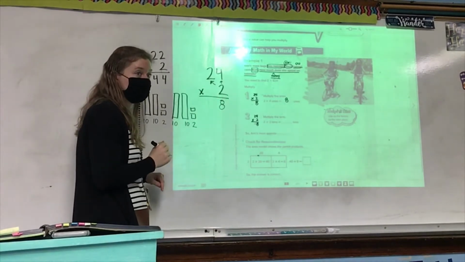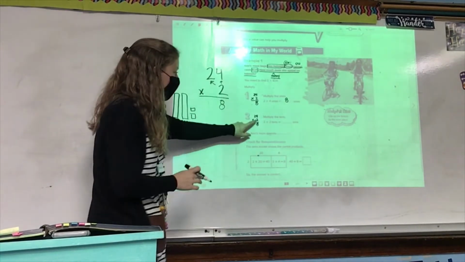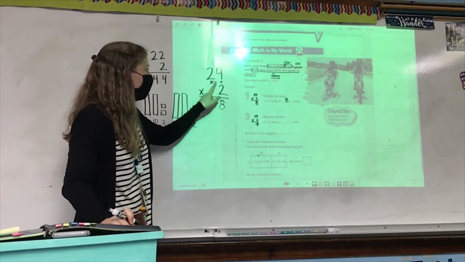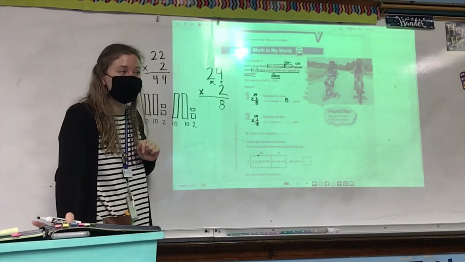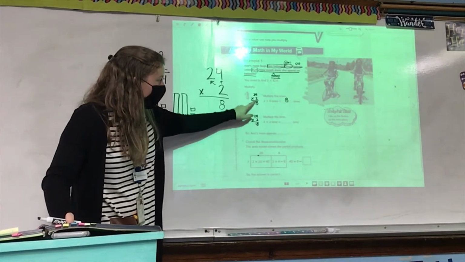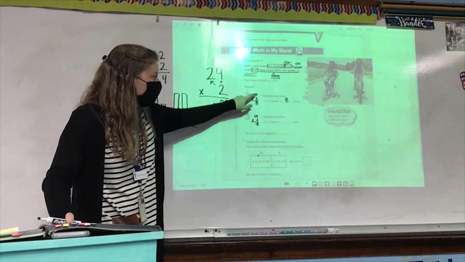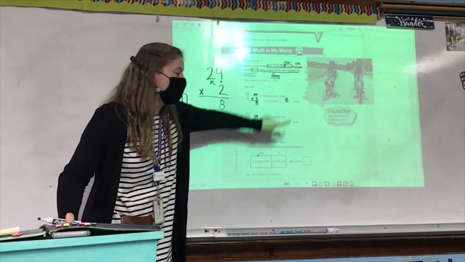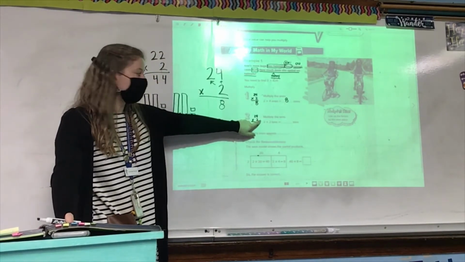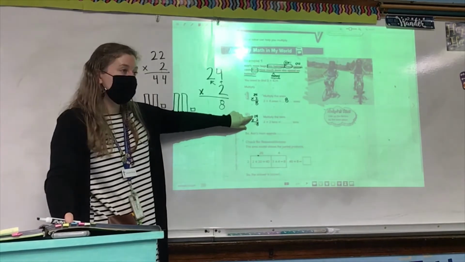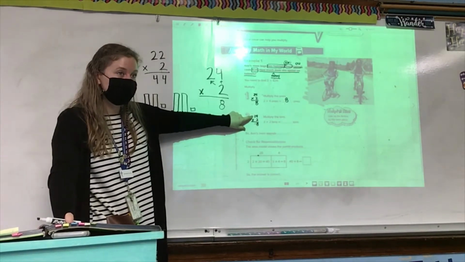Then 2 times 2. So we take this bottom factor and multiply it by both digits on the top. Does everybody understand that? When we multiplied the ones, 2 times 4 was 8. Now we have to take this same 2 and multiply it by the 2 in the tens place.